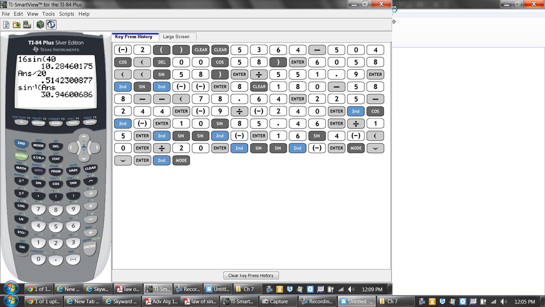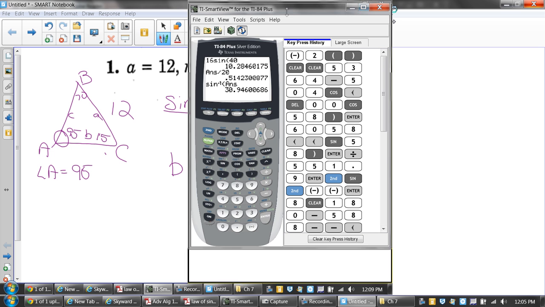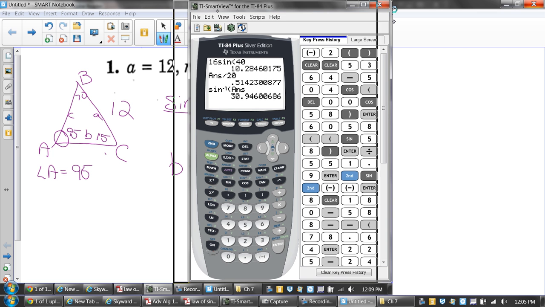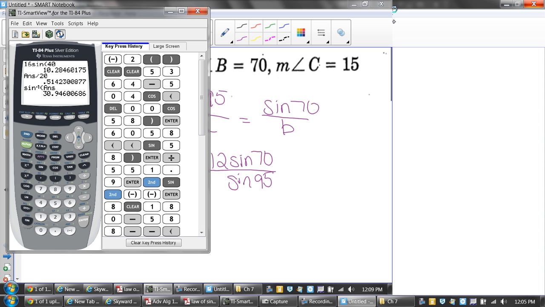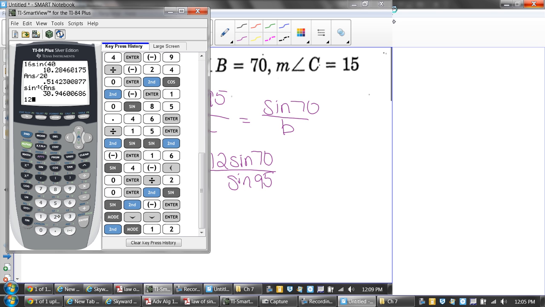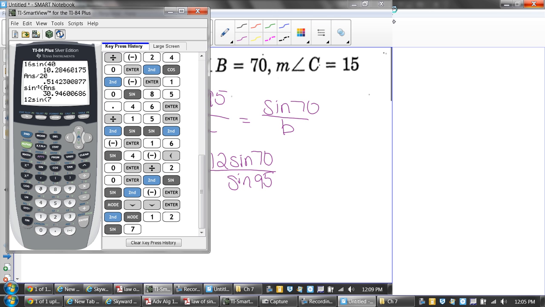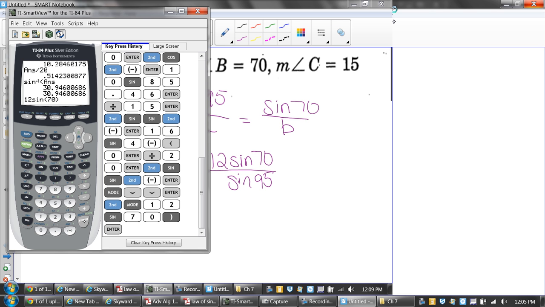Oh, no. Nope. So we're doing 12 times sine of 70. And then we're dividing that by what?